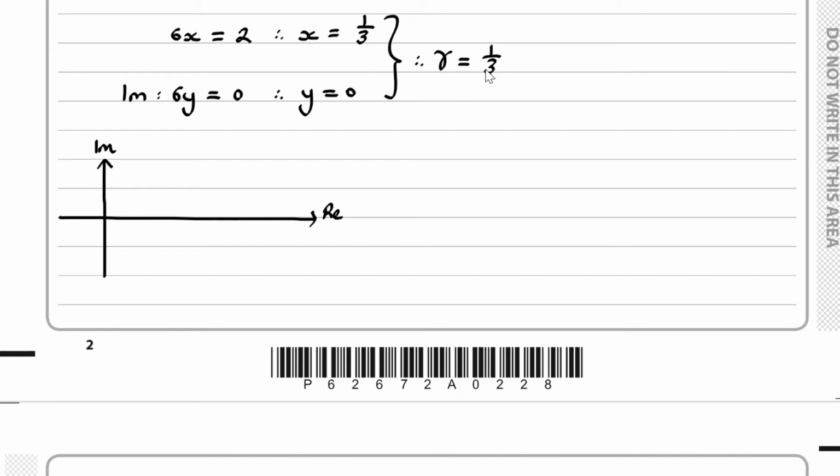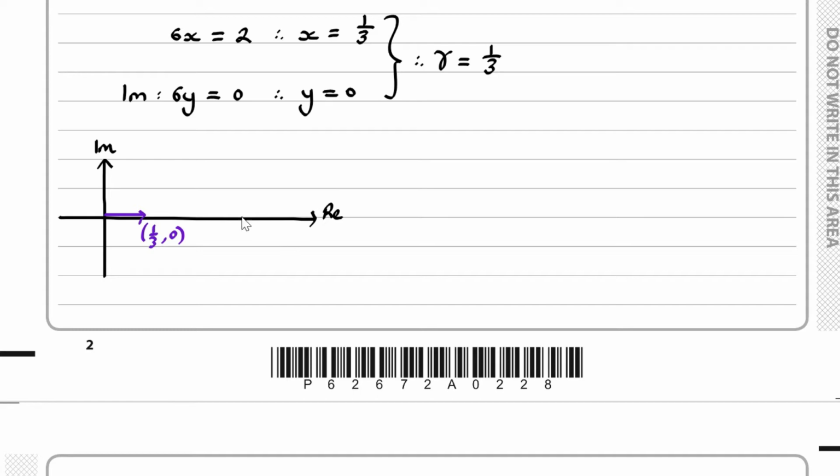We can show this 1/3. So that goes here somewhere. So let's just show that. So here we've got the 1/3, 0. And then we've also got the other two roots, 3 plus minus 2 root 2i.